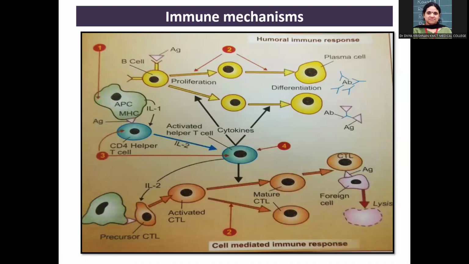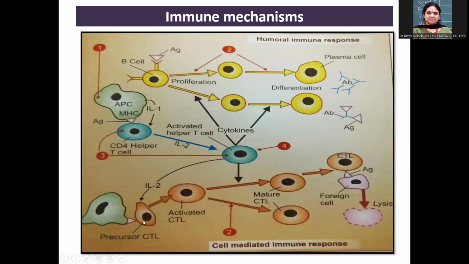Now, in the cell-mediated immunity, the antigen is processed and presented to the CD4 helper T cells, which starts producing the interleukin 2 and other cytokines. And these interleukin 2 and other cytokines will in turn stimulate the proliferation and maturation of the precursor cytotoxic lymphocytes or the killer T cells, which have been activated by the antigen presented with the help of class 1 MHC.